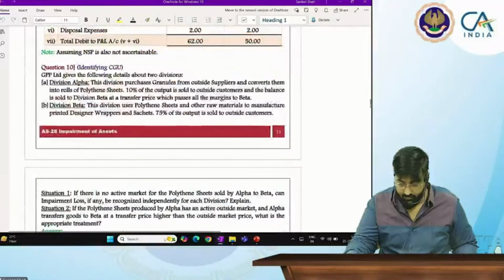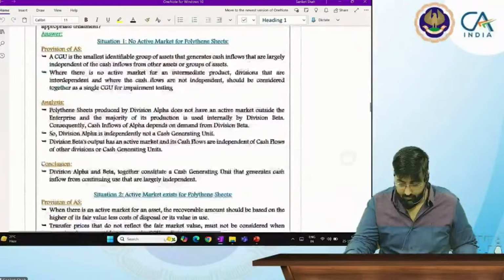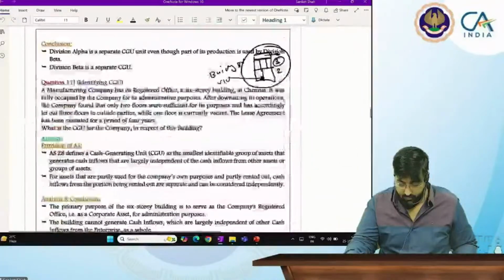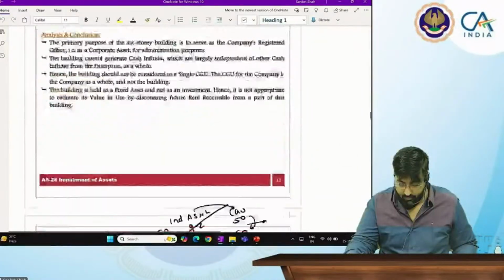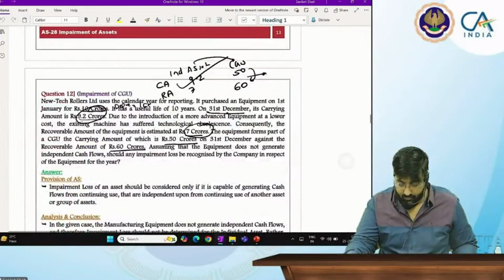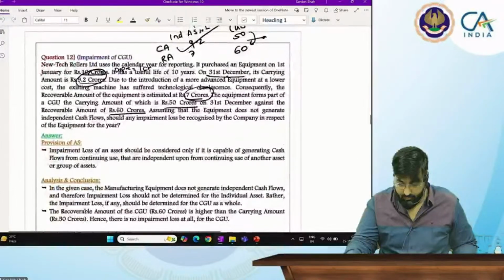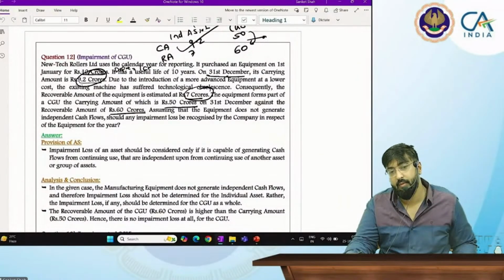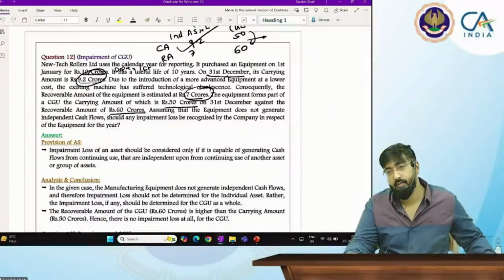If the cash flow cannot be attributed, then the top-down approach will be used, where the larger unit will be used for assignment of the impairment.